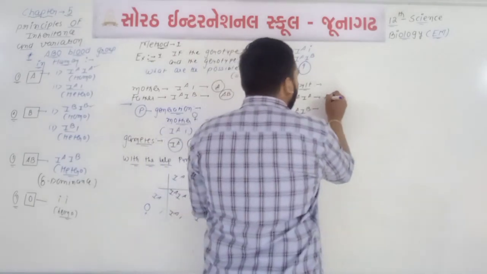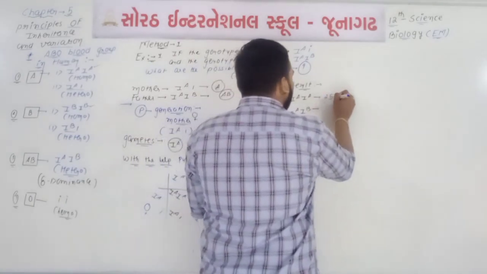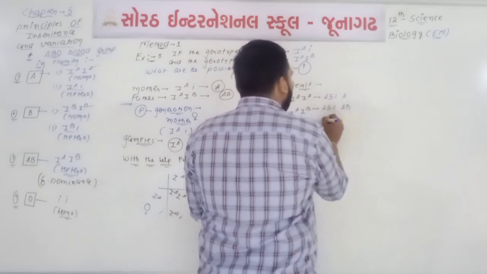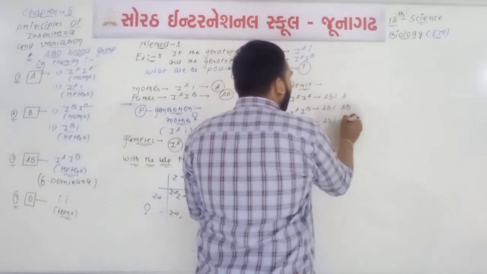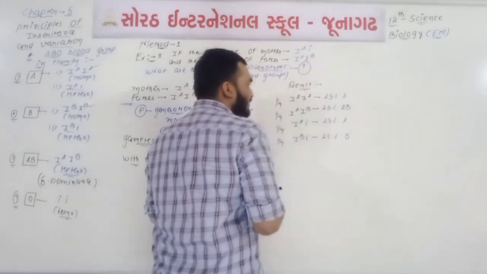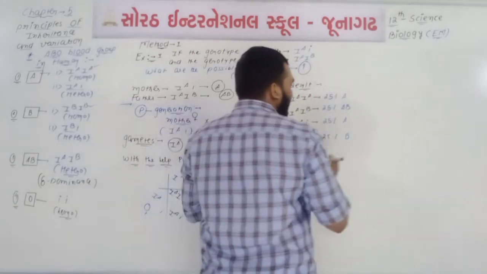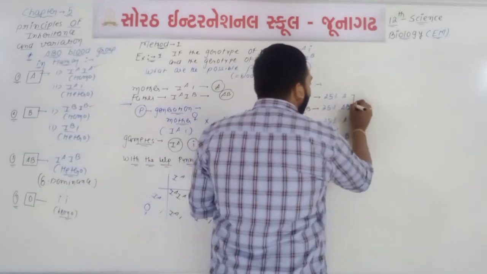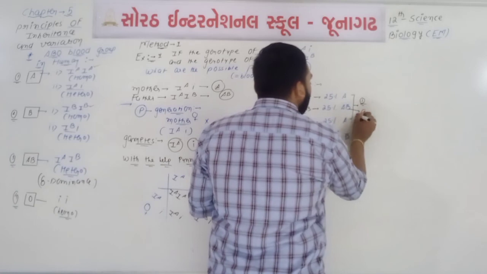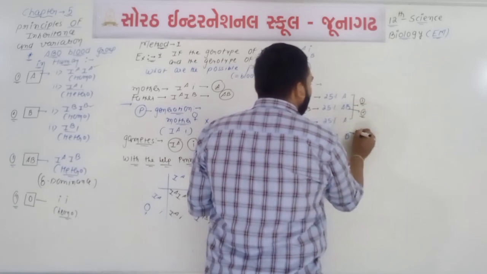What about the phenotype? 25% blood group A, 25% blood group AB, 25% blood group A, 25% blood group B. See, total 3 types of blood groups are there: first type is blood group A, second type is blood group B, and third type is blood group AB.